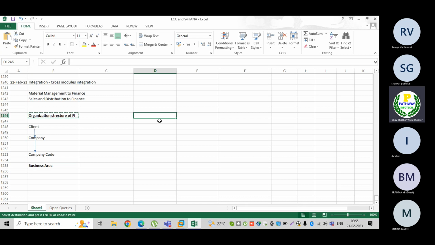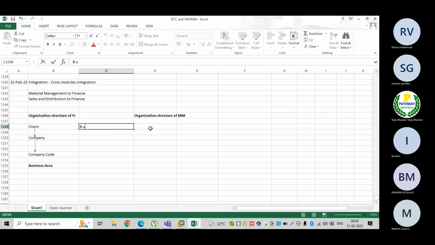Now let us see the organization structure of material management, because we need to know it. This is only for our information, but as an FI consultant, we should know it. First is the business area.